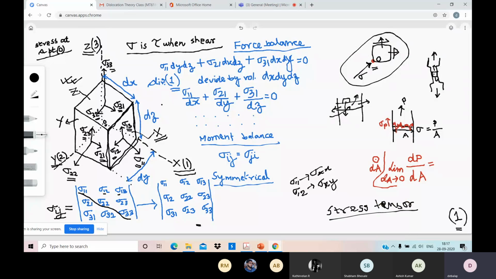So, whether something is under static equilibrium of force or dynamic equilibrium. Dynamic equilibrium means you are applying load and it is moving. In that case, the amount of stress will not be there. But when it is under static equilibrium, the forces acting in one direction have to be balanced.